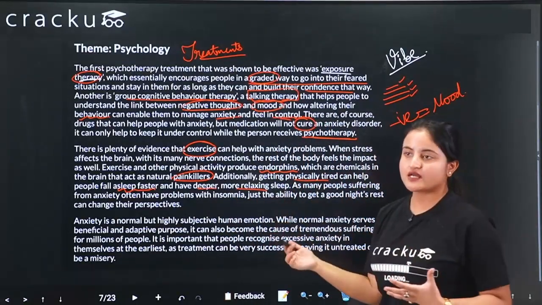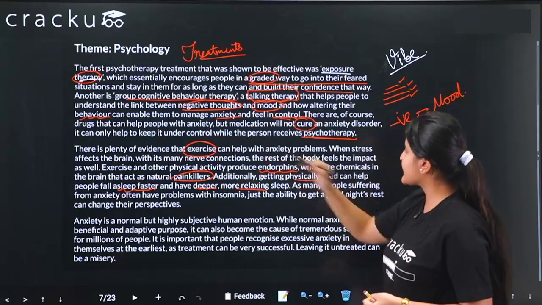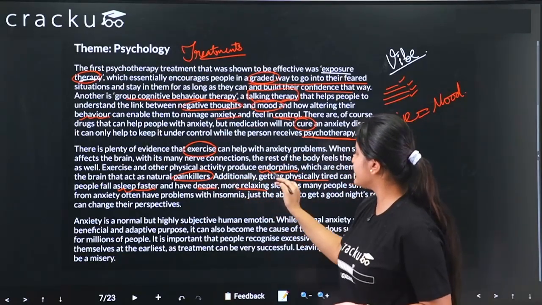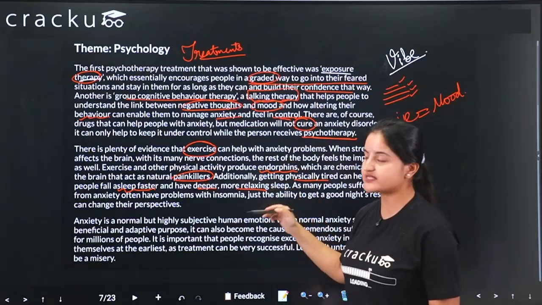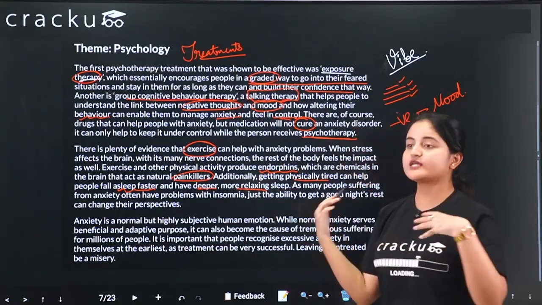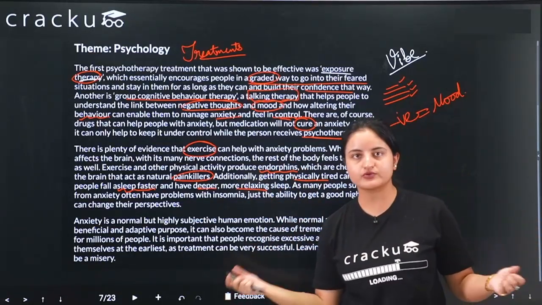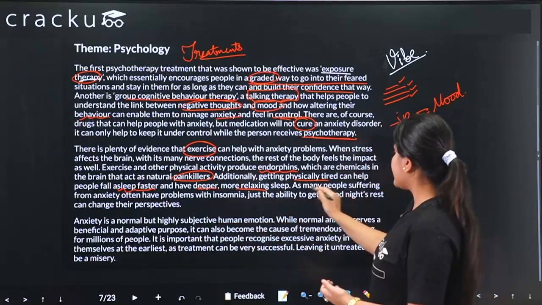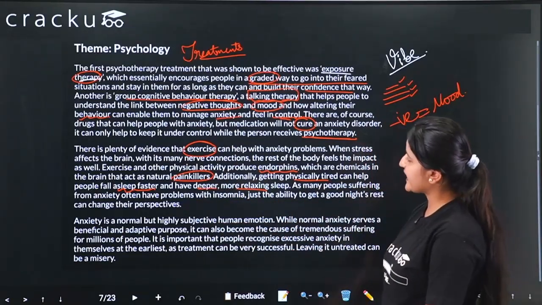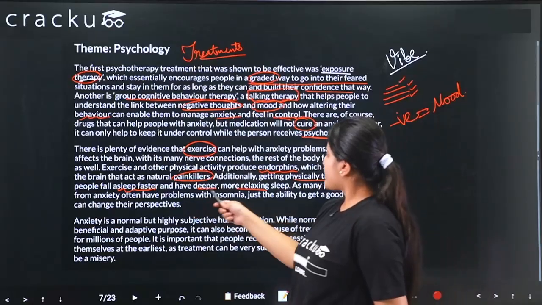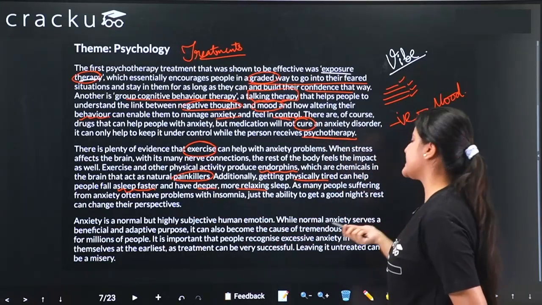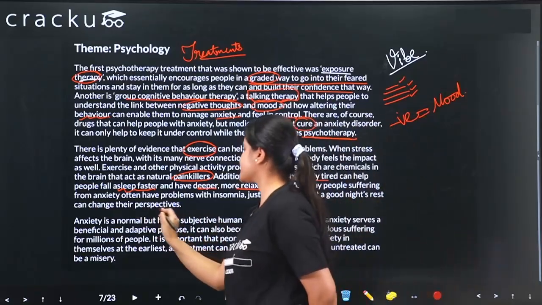So there are so many ways in which exercise is helping. Exercise is helping because it releases endorphins, which act as painkillers. It helps because it tires you out. So when you are tired, you sleep faster and you sleep better. As many people suffering from anxiety have problems with insomnia, just the ability to get a good night's rest can change their perspectives.